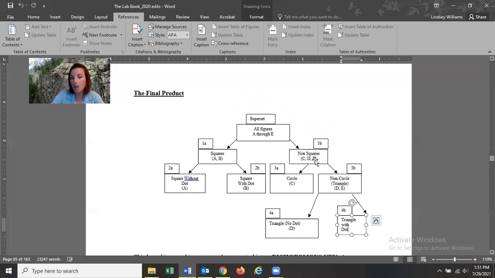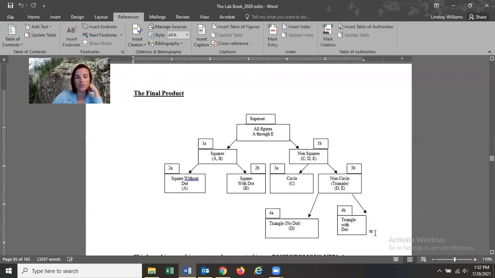On the right original side, I also used it one time. That is fine. Don't use it twice on one side. It sends you in a loop, okay? But you can use them on either side. So if you use heart, no heart on the left of your superset and you use heart, no heart on the right of your superset, that's fine. Just don't use it twice on the same side, okay?